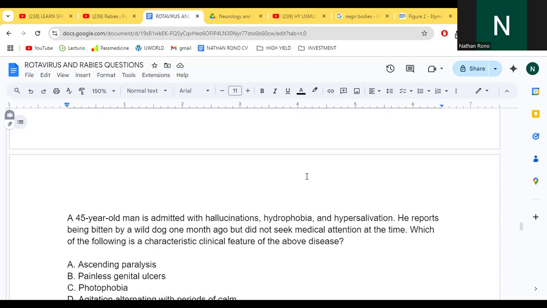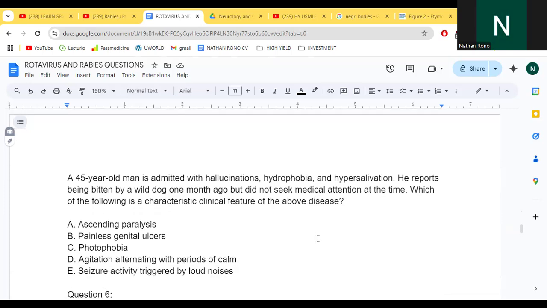A 45-year-old man is admitted with hallucinations, hydrophobia, and hypersalivation. Hypersalivation means increase in saliva secretion. He reports being bitten by a wild dog 1 month ago, but did not seek medical attention at the time. So the following is a characteristic clinical feature of the above disease: ascending paralysis, painless genital ulcers, photophobia, agitation alternating with periods of calm, seizure activity triggered by loud noises.